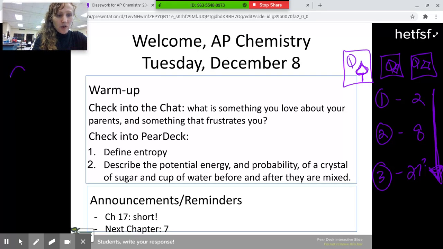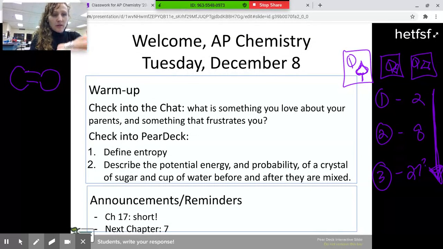If you have 2 gas molecules, the probability of finding the molecules in the left side, if you have 1 molecule, okay, there's really only two ways that one molecule can be ordered.